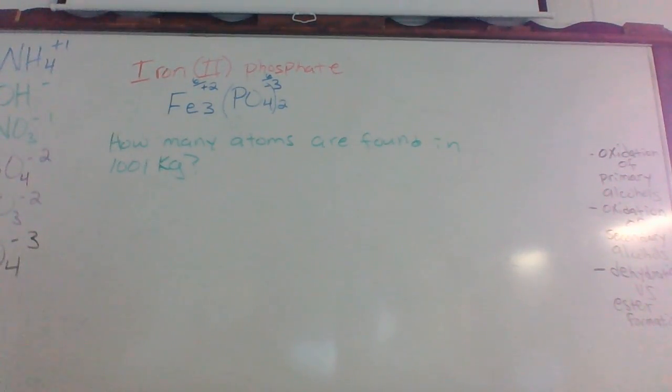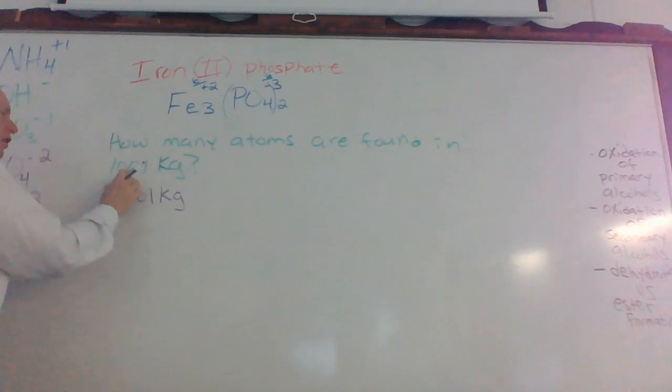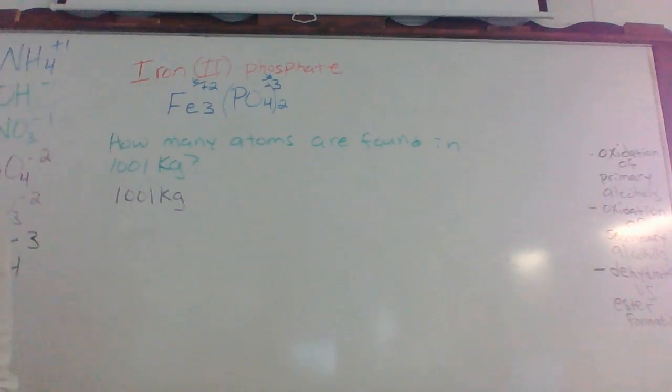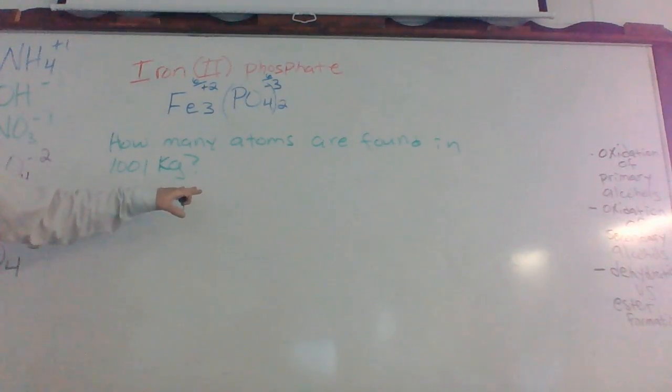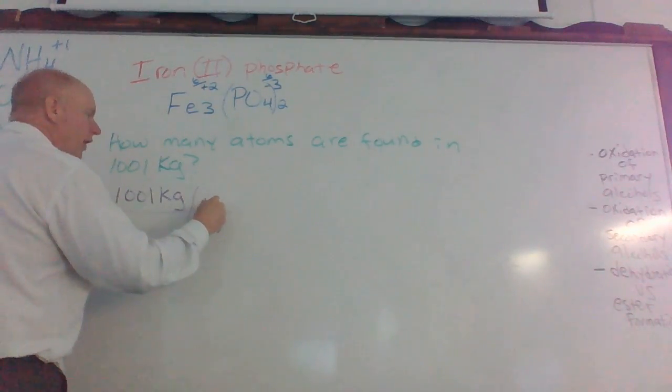So, this is just a little bit of a review. What we want to do is, first thing, we got to get that guy into grams. You can do this one of two ways. You can just do the math in your head. You can just take it times 1,000, or you can write the dimensional analysis on here. And what we mean by that is, for your kilogram, you've got 1,000 grams.